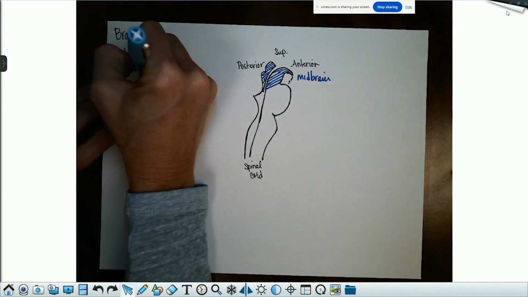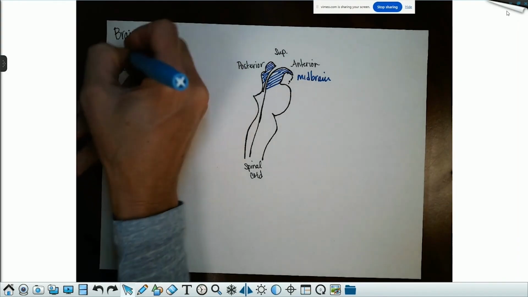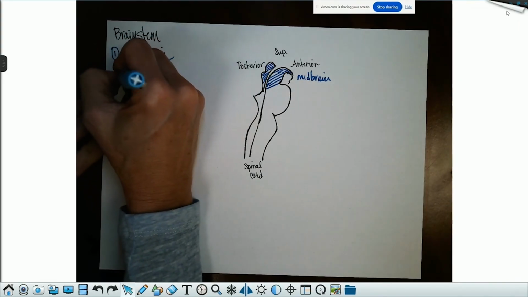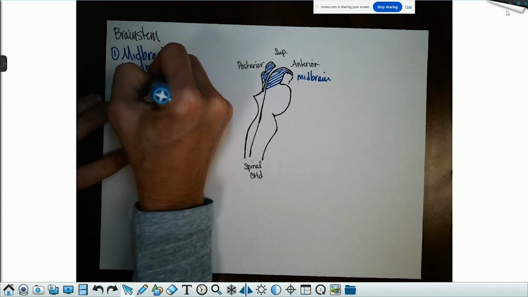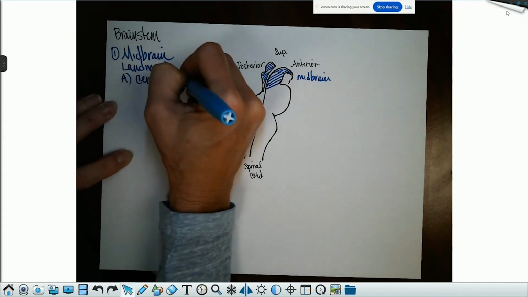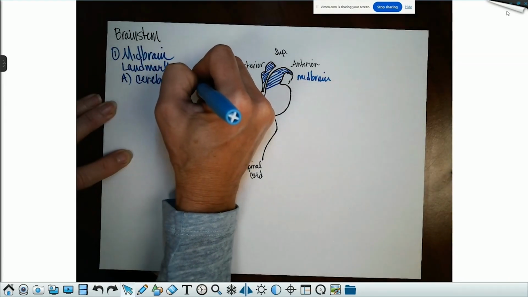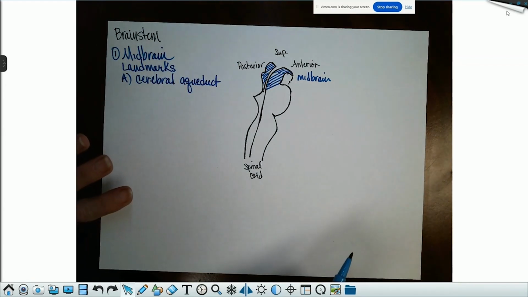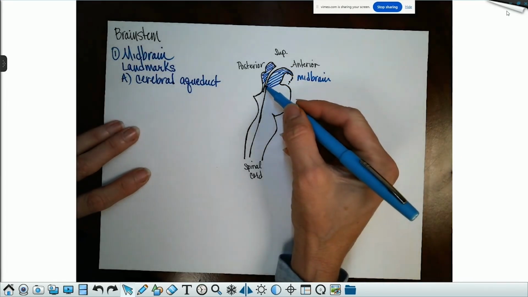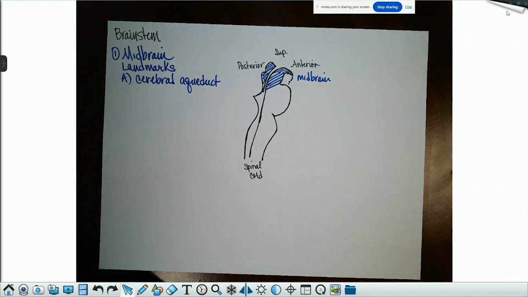So we have a couple of landmarks, because this helps us. Landmark number 1 is we have the cerebral aqueduct that flows through here. That might ring a bell, because when we were talking about the ventricles, I said, here we have fluid that comes down and goes into the 4th ventricle.